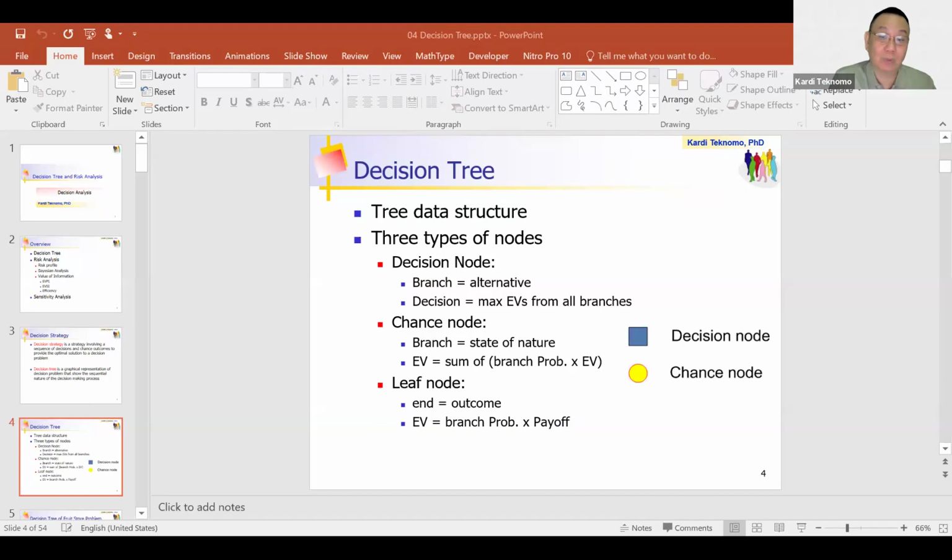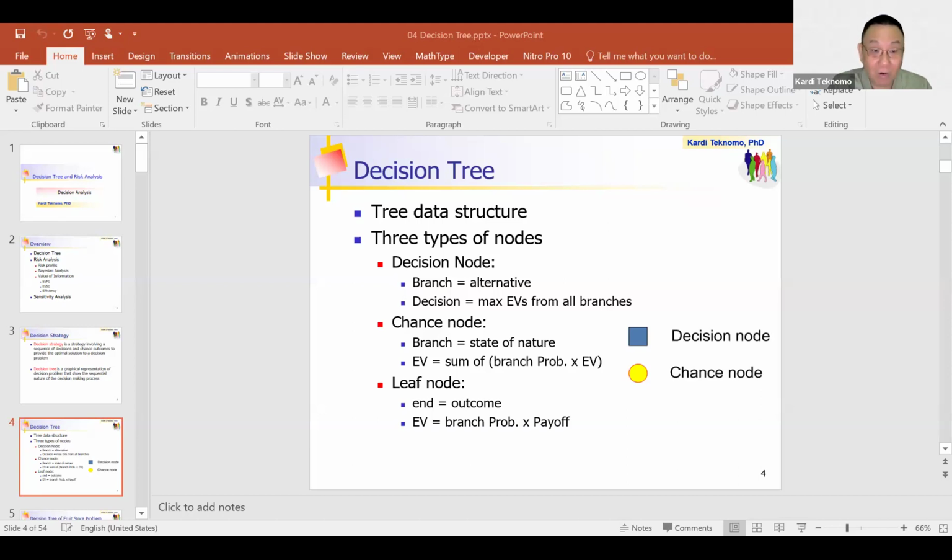I will not put anything in the leaf node. In the decision node, it branches into alternatives. The decision in the decision node is computed by maximizing the expected value from all branches.